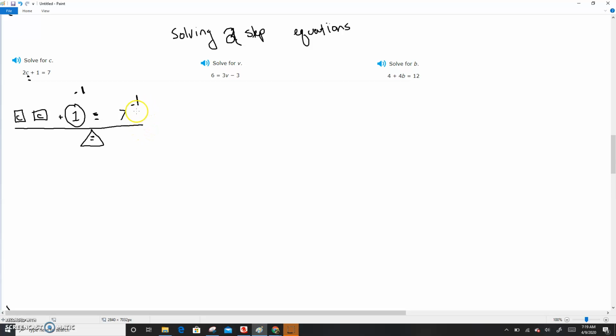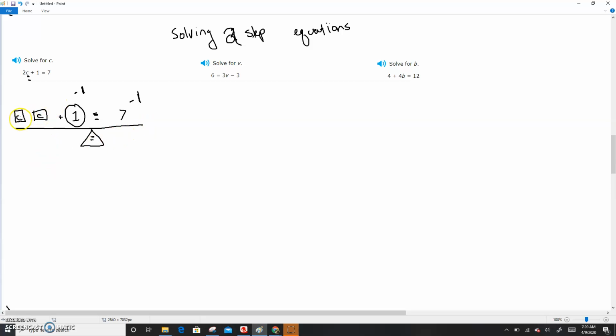But we have a problem. Oops, got ahead of myself. When we subtract the 1 from over here, we have a problem. Our balance is no longer going to be level. We took 1 away over here, and so we need to take 1 away over here.